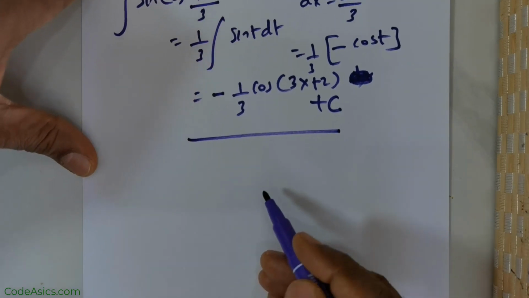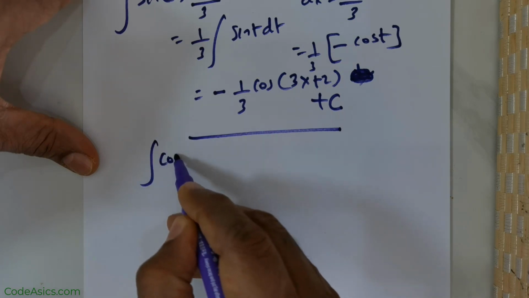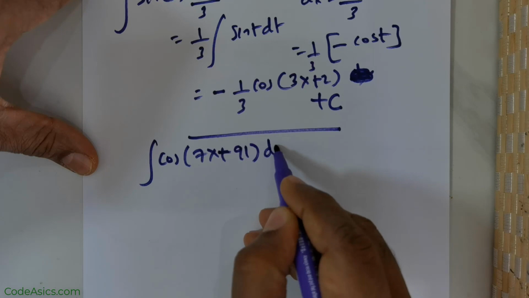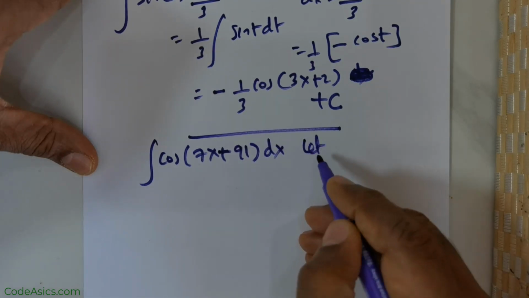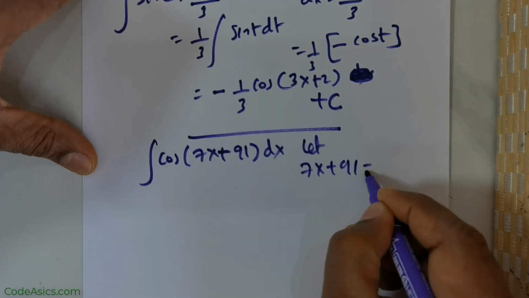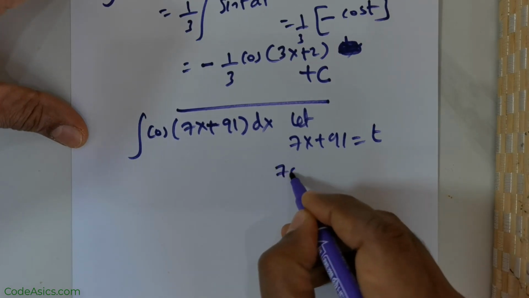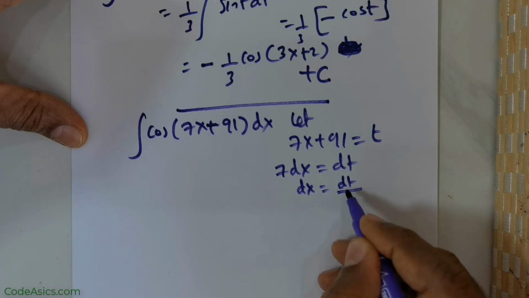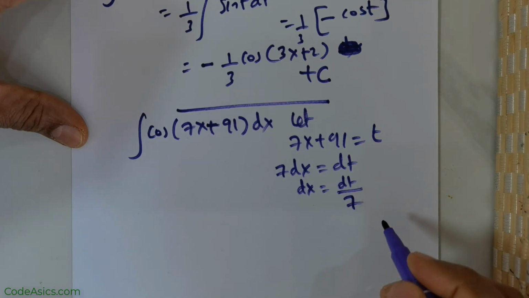This is the solution. Now suppose you have cos of (7x + 91) dx. How do you do this? Let 7x + 91 be equal to t. I differentiate, I get 7 times dx is equal to dt. So dx is equal to dt over 7.